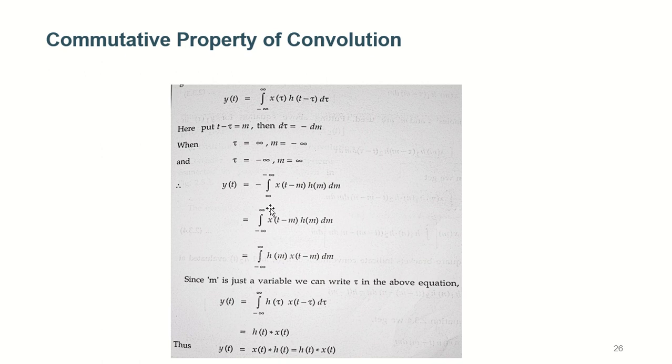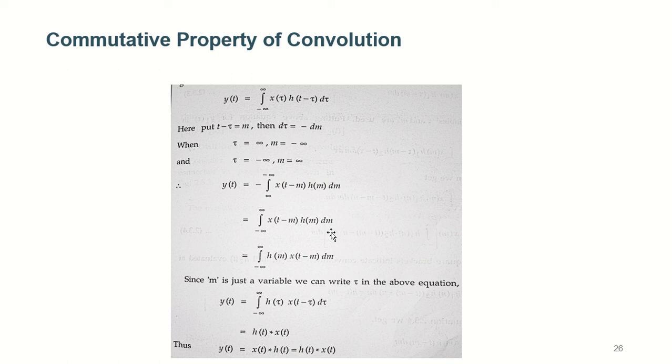So in order to inverse the limits, we removed this minus and inversed the limits. Here we are having minus, here there is no minus. We just simply inverse the limits, and the inside part of the whole integral will remain as it is, x of t minus m h of m into dm.